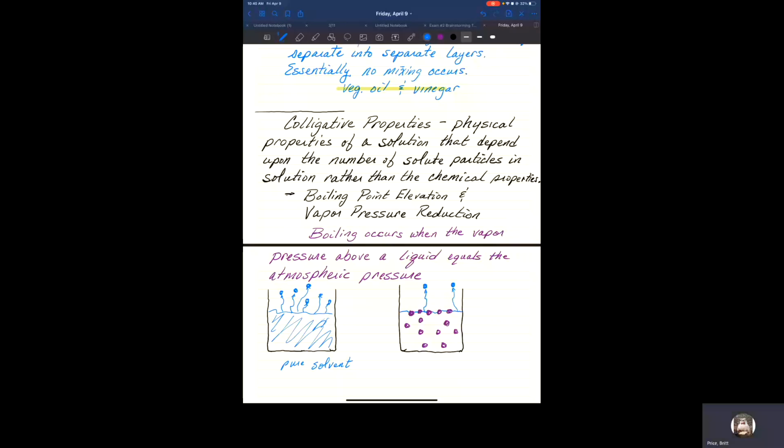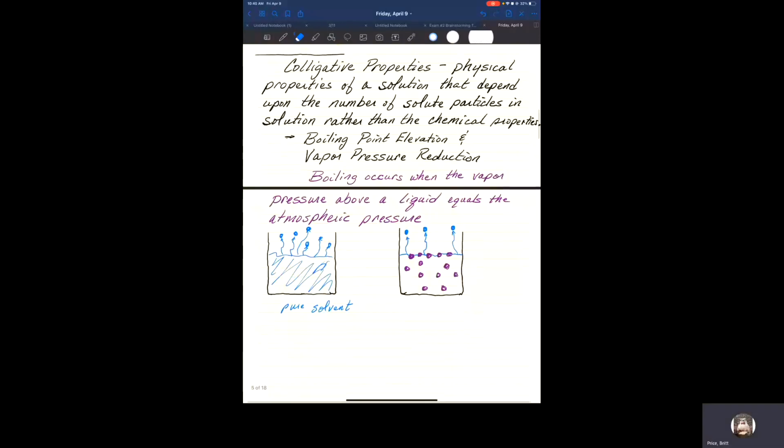So you have fewer particles that can escape, which means that vapor pressure will be lower. If vapor pressure is lower, I'm going to have to heat it higher and higher and higher to get a vapor pressure equal to the atmospheric pressure.